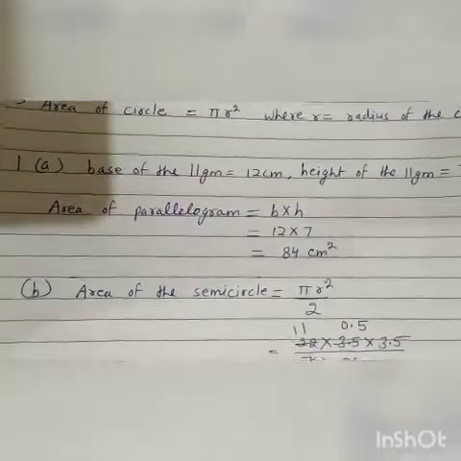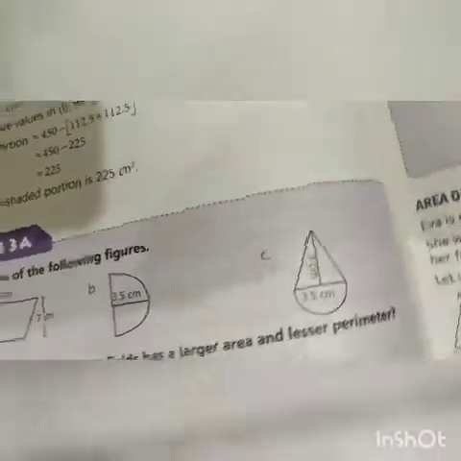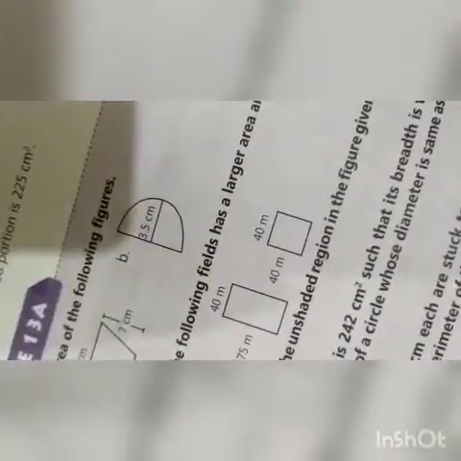Then next, second figure B. What is this B? This is a semicircle. See here, if we see this figure, it is a half circle. Half circle is known as semicircle, and this is the radius of this semicircle.